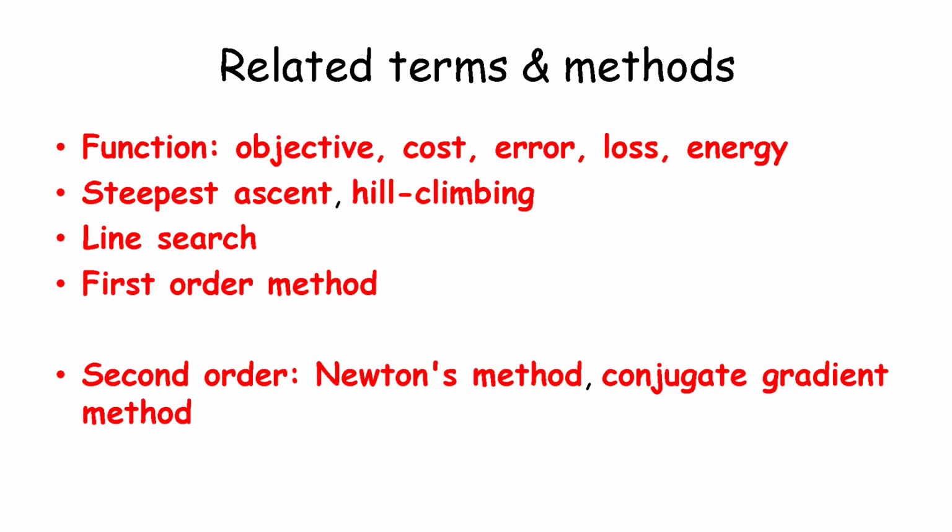Another name for the gradient descent algorithm is line search, because we keep moving along a single direction in each step. Gradient descent is a first-order method because it uses the first derivative of the function. Gradient descent is known to have poor convergence. It takes too many iterations to converge compared to some of the alternative methods.